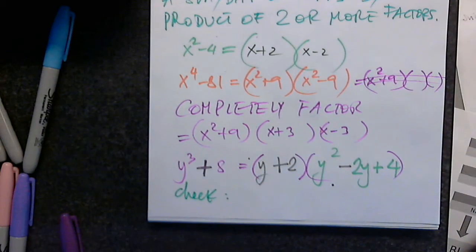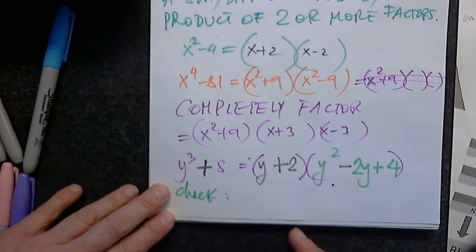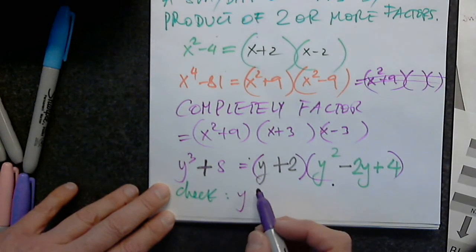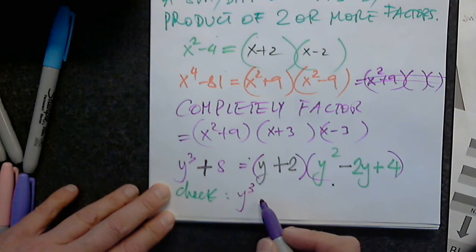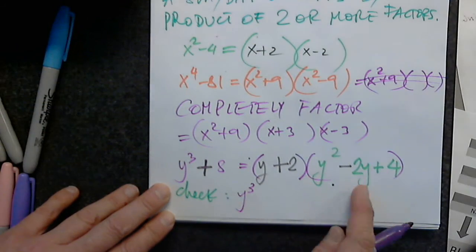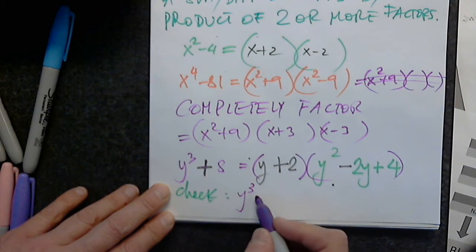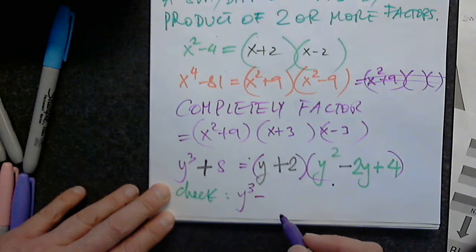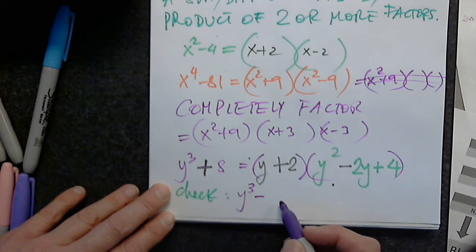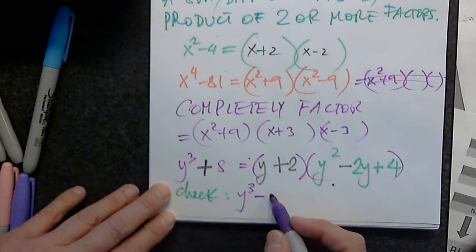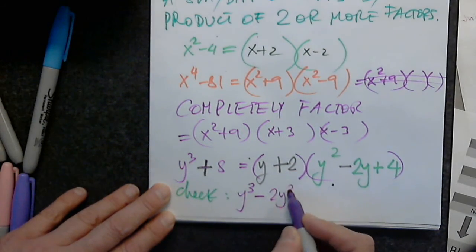I want to check my work. So please dictate. Y times y squared is y to the third. Good. And then y times, I have to write the symbol first, minus, y times 2y, which is 2y squared.